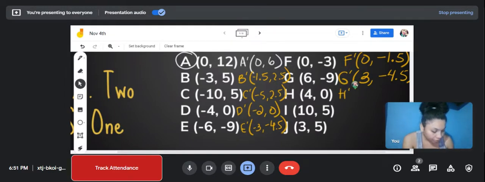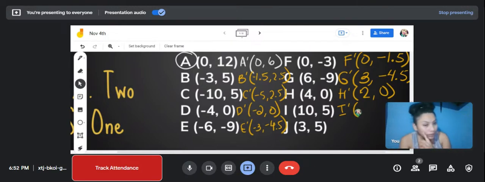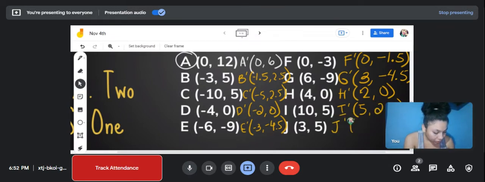H1, 4 times a half gives me 2, and 0 times a half gives me 0. I1, 10 times a half gives me 5, and 5 times a half gives me 2.5. And then J1, 3 times a half gives me 1.5, and 5 times a half gives me 2.5.